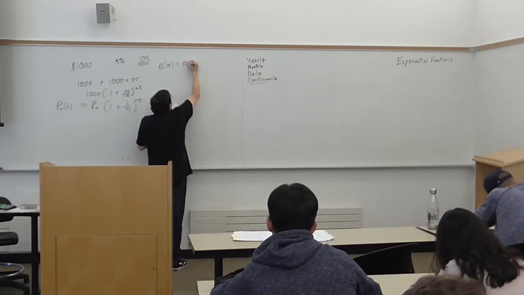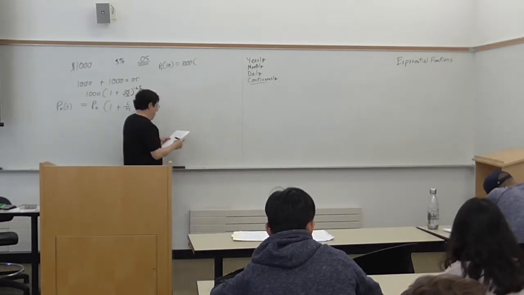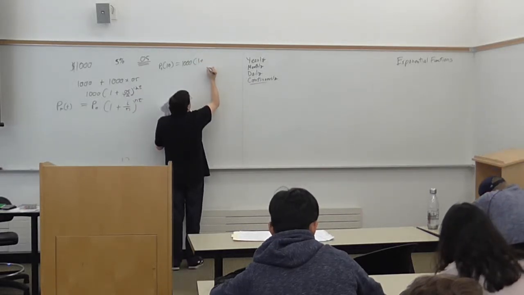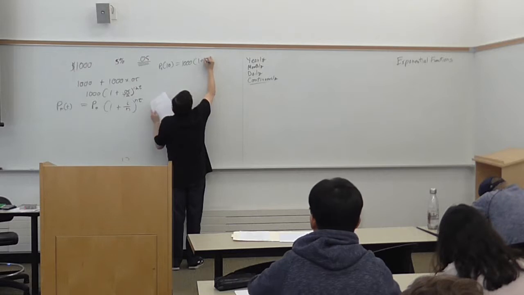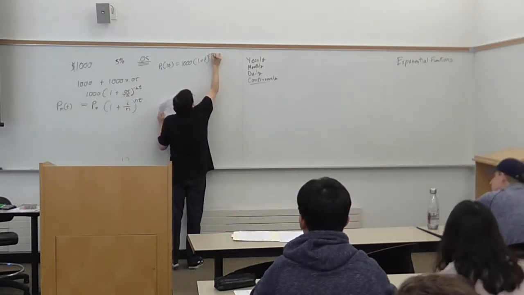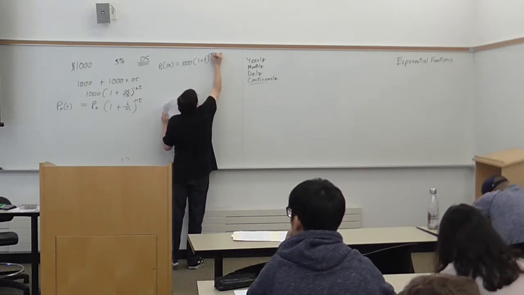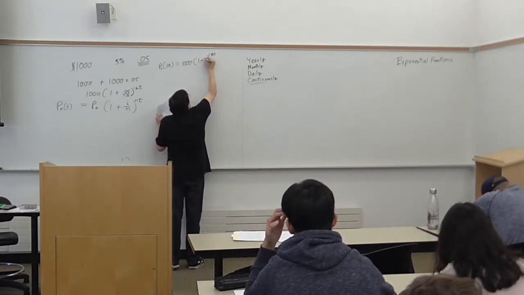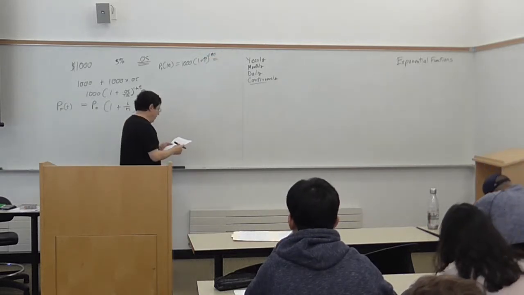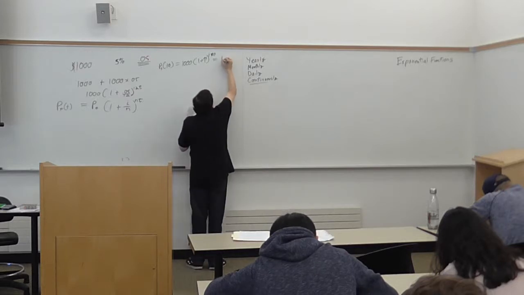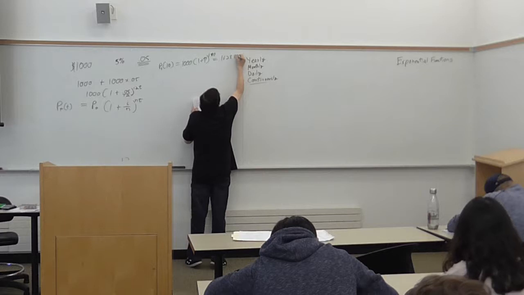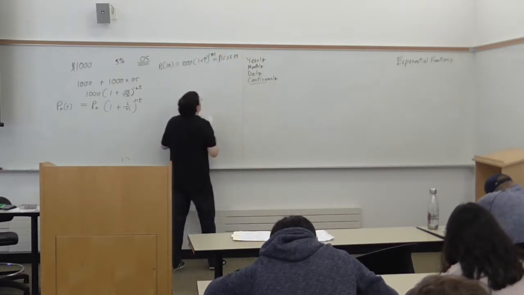If we start with $1,000 and we get yearly interest, so it's I over 1 times 1 times the number of years, which is 10 years, right? And I, we're just going to use 5%. So that comes out to about $1,628.89.